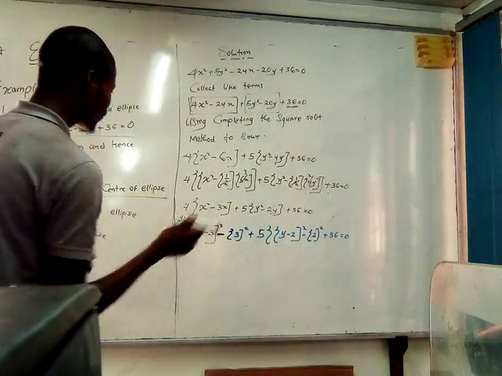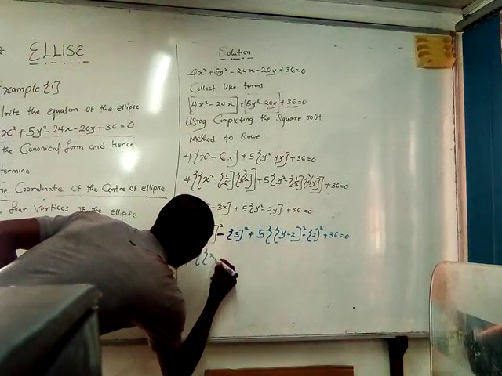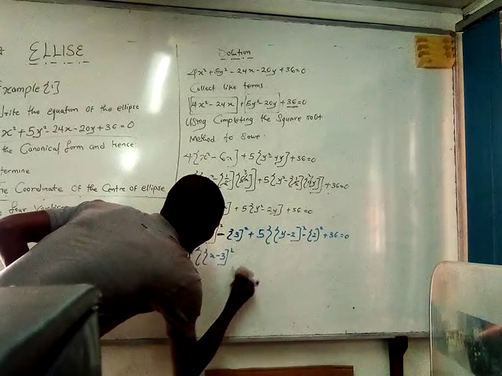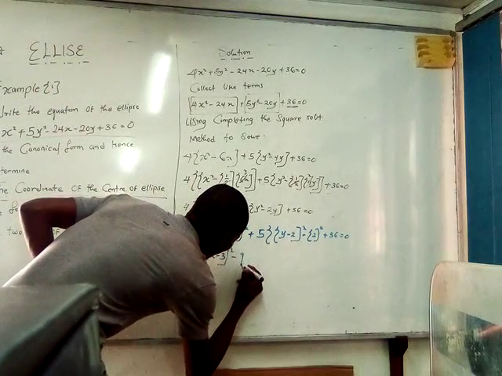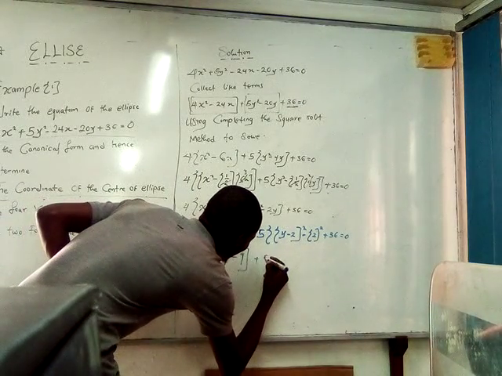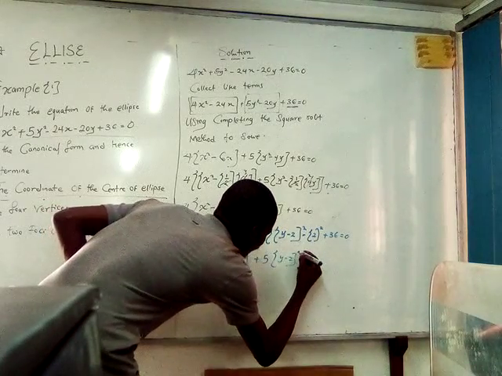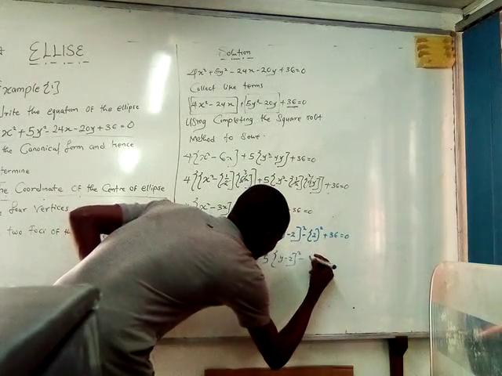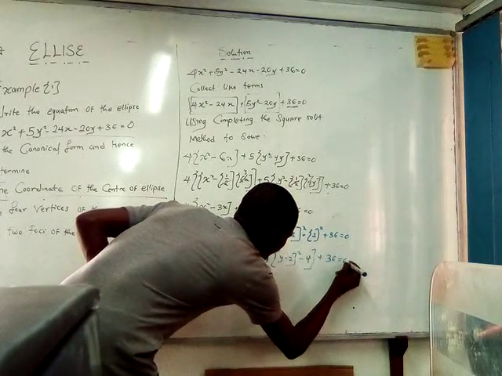Then we are going to have 4 open bracket x minus 3 close bracket square, then 3 raised to power 2 is minus 9, plus 5 open bracket y minus 2 square, minus 2 raised to power 2 is 4, close bracket plus 36 equals 0.